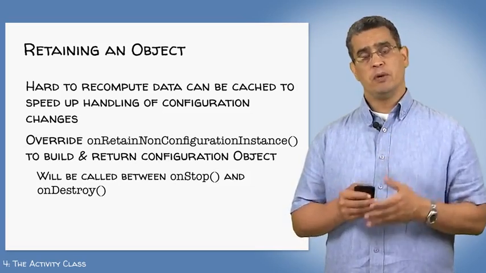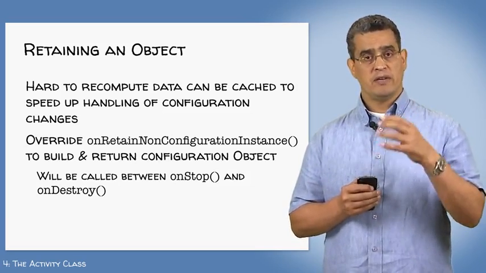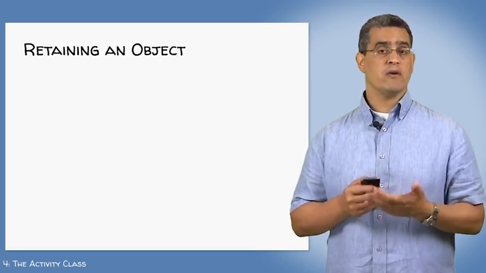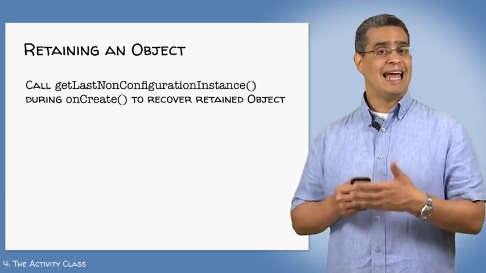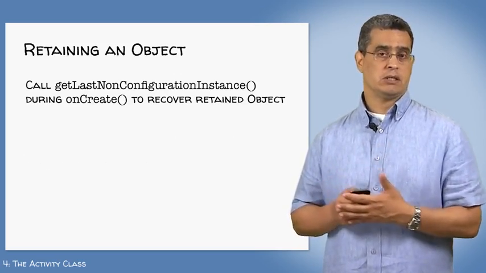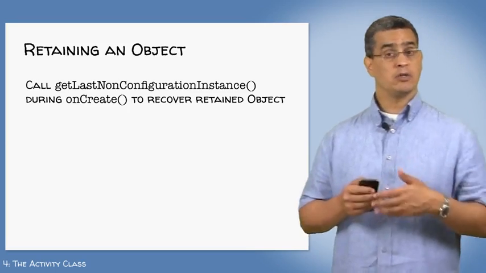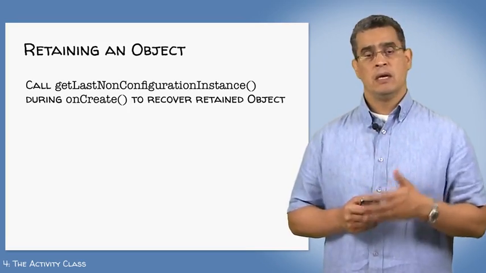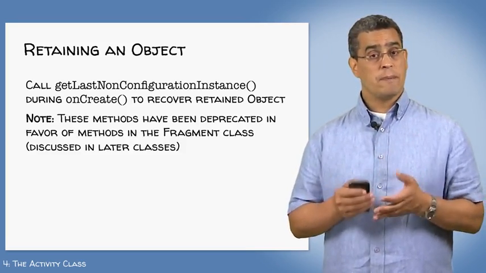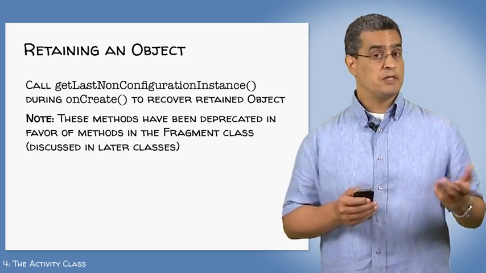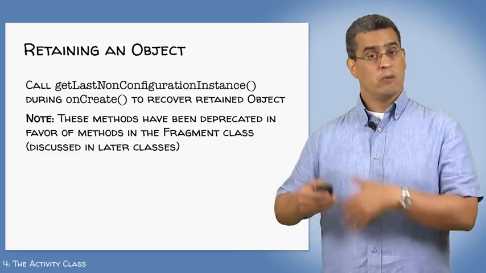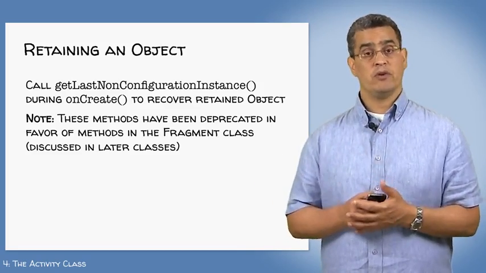And the object that you build and return in onRetainNonConfigurationInstance can be retrieved when the activity is recreated by calling getLastNonConfigurationInstance. And that's usually done during the call to the activity's onCreate method when you recreate the activity. Now, note that these methods have been deprecated in favor of other methods in the fragment class. And we haven't discussed fragments yet, but we'll come back to it in a later lesson when we do.